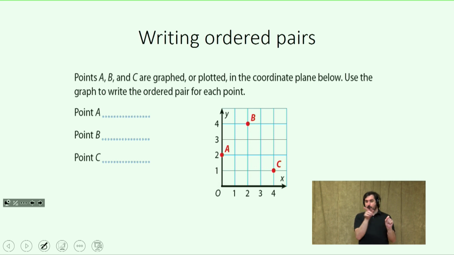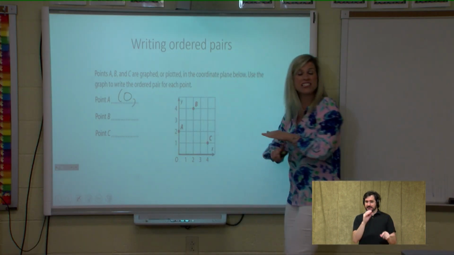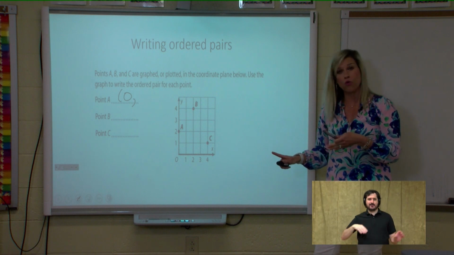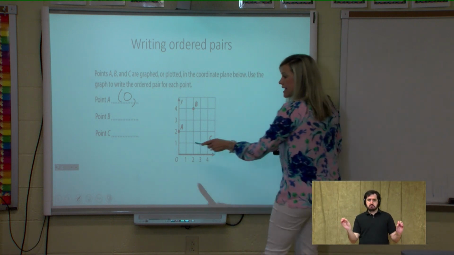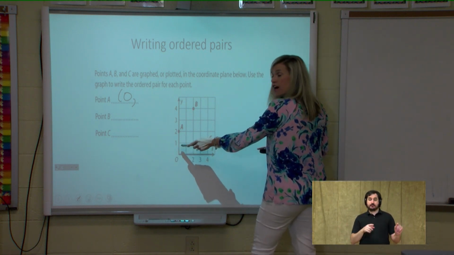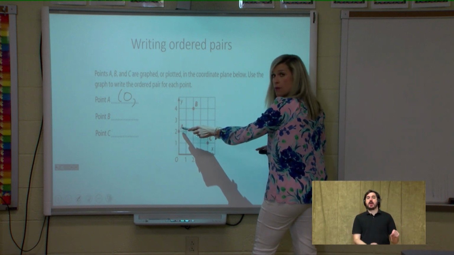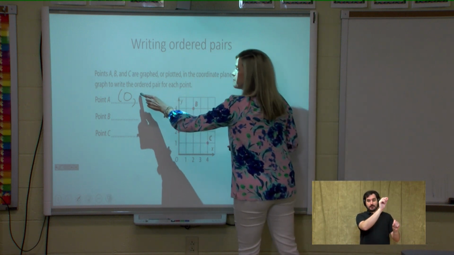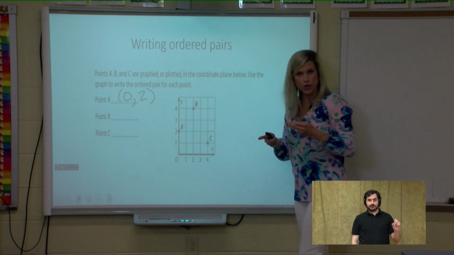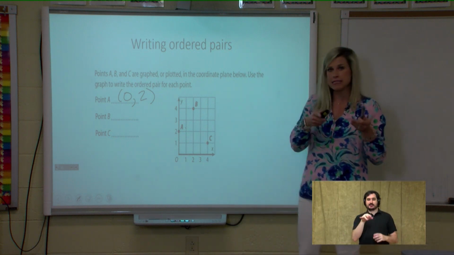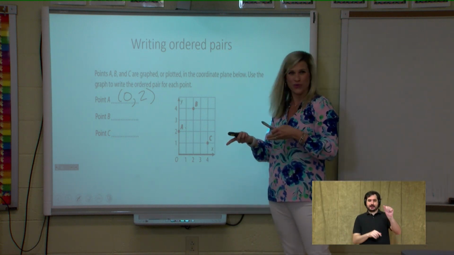But look at A. Is A anywhere over on the X? No, it's not. So the X coordinate for A is 0, because I did not move over horizontally. But I did move up, and I moved up 2 places. So the ordered pair for point A is 0, 2.